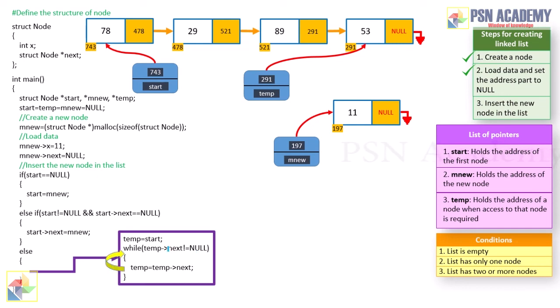Now you get back and check again whether temp next is null or not. You see that temp next is null here. So the loop stops. So what to do? To connect this new node with the last node, you put this 197 here in place of null.